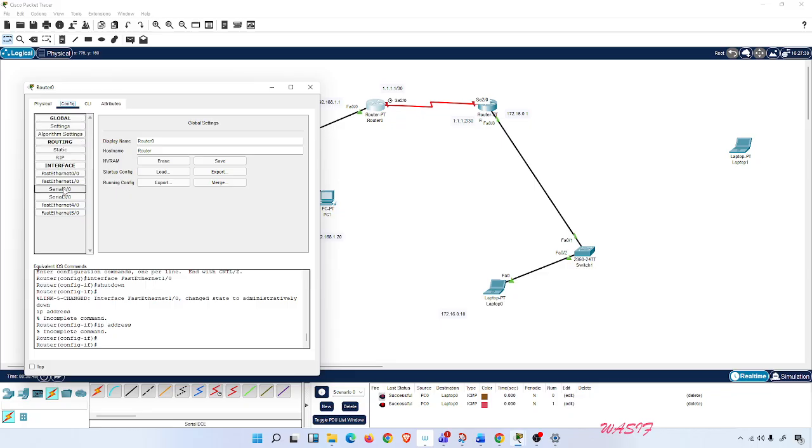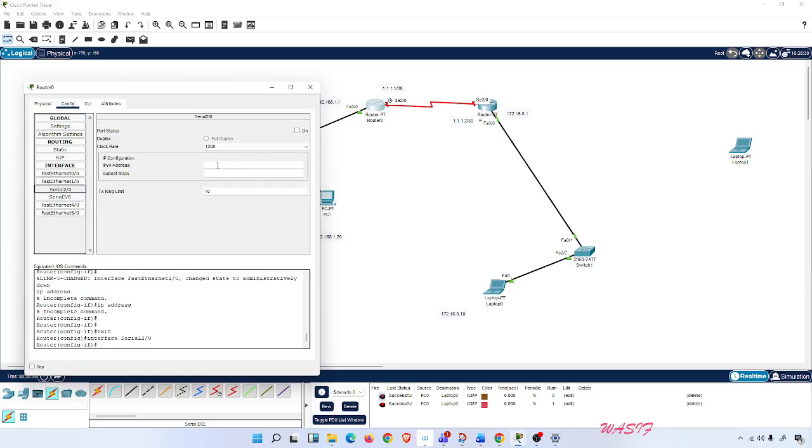Let's come to serial 2/0 and let's make it 1.1.1.1. Subnet mask will be 255.255.255.252 if I'm not mistaken.